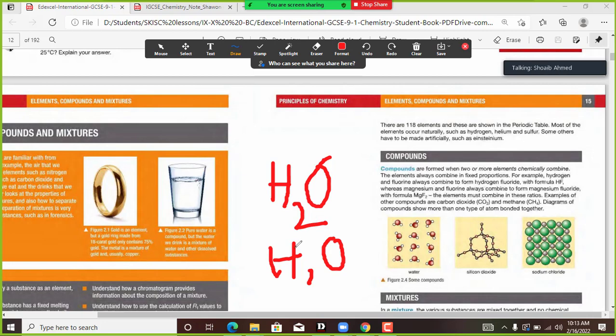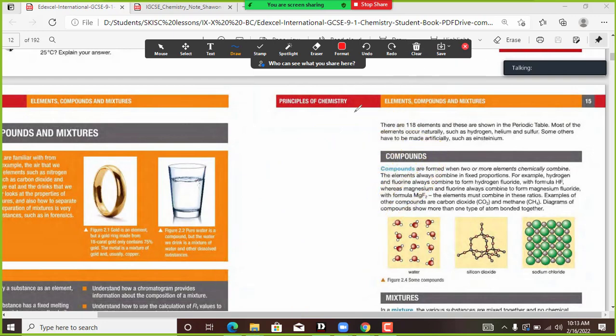So two elements, two types of atoms join together here. So this is a water molecule. We know in water there is one oxygen atom and two hydrogen atoms chemically combined.